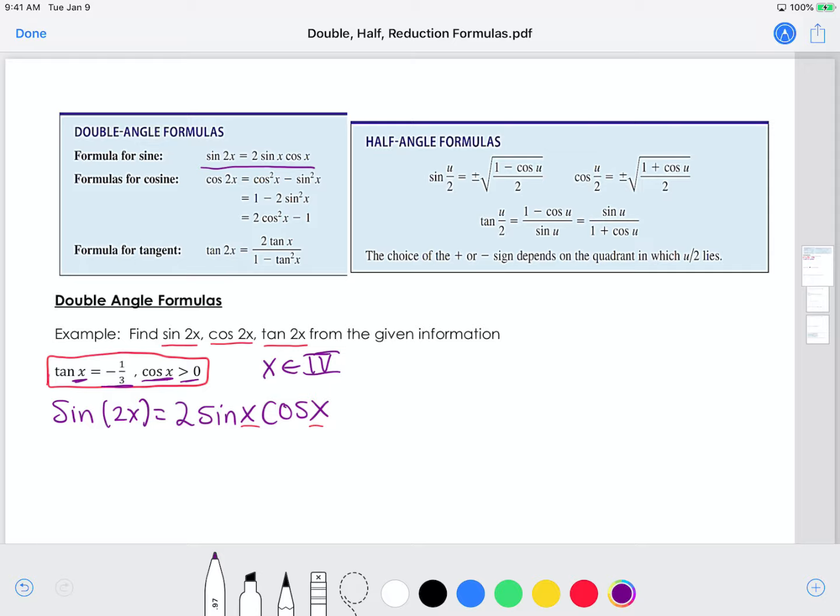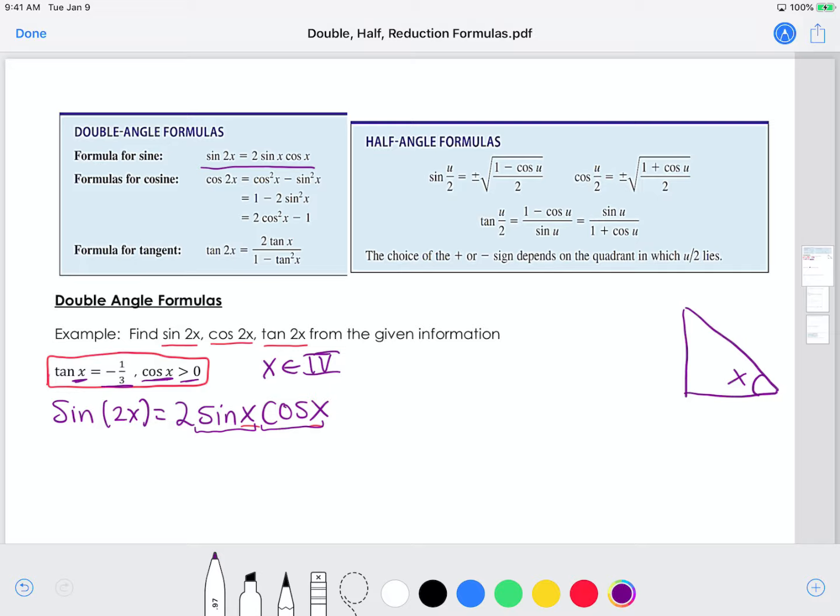Okay, they don't tell us this information, but we can figure it out by drawing our triangle and coming up with our trig ratios. I'm going to draw a triangle so I can figure out what sine of x and cosine of x are. Here's my angle x. I'm not going to worry about the negative, I just need to make sure I keep track of what quadrant I'm in.